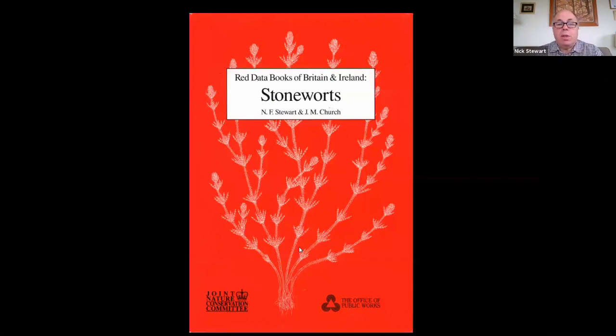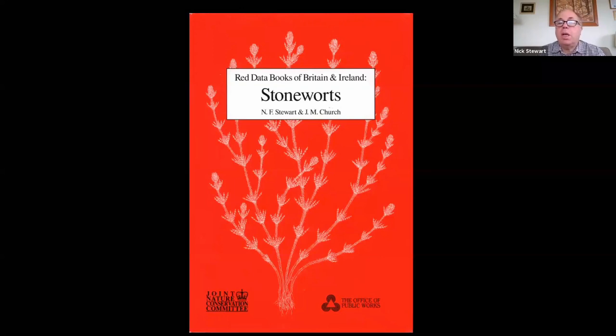Also, quite a potentially useful book is the Red Data Book for Britain and Ireland, that covered lower plants. It's also unique, I think, in covering both Britain and Ireland in the same Red Data Book.